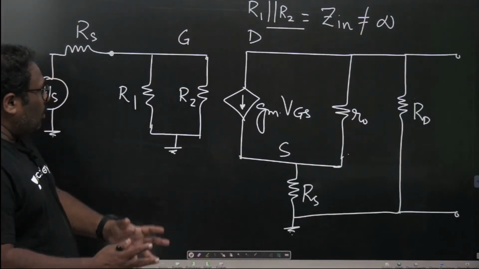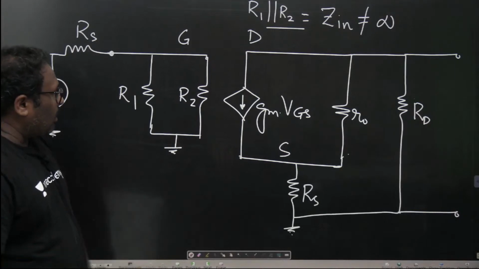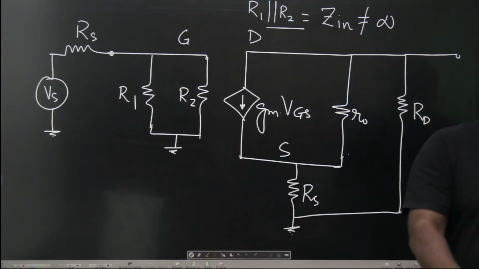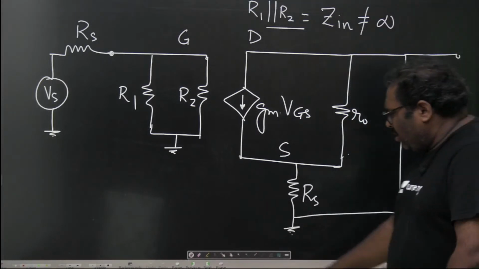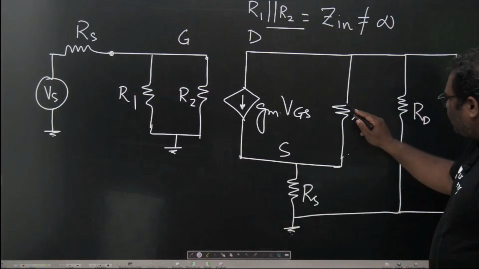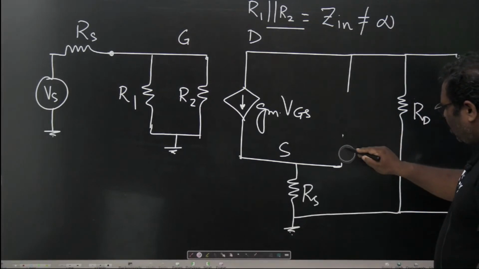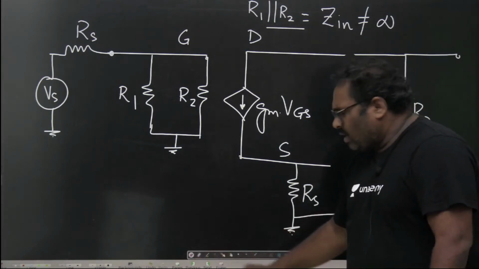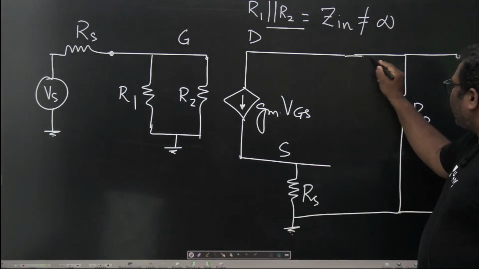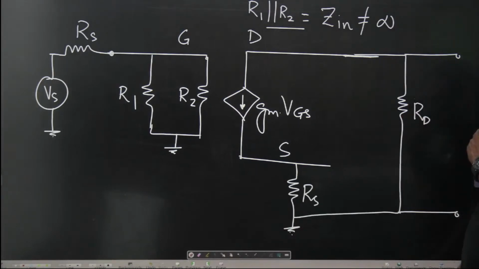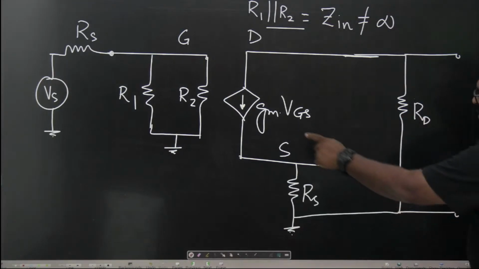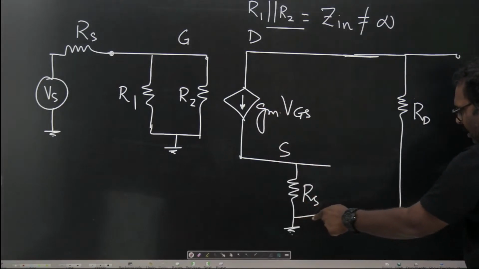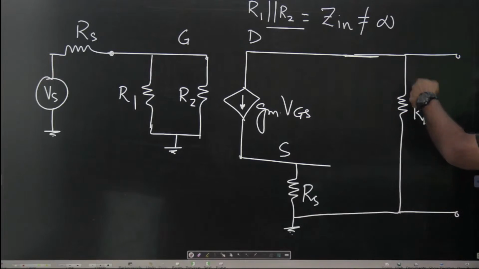Got it? Now what about the voltage gain, or how do you calculate the voltage gain? The voltage gain can be calculated very easily. The voltage gain calculations are most often done by ignoring this R0. Considering R0 to be almost infinitely large, the voltage gain calculation is as simple as this: the current gm VGS also flows through RS and logically flows through RD also.